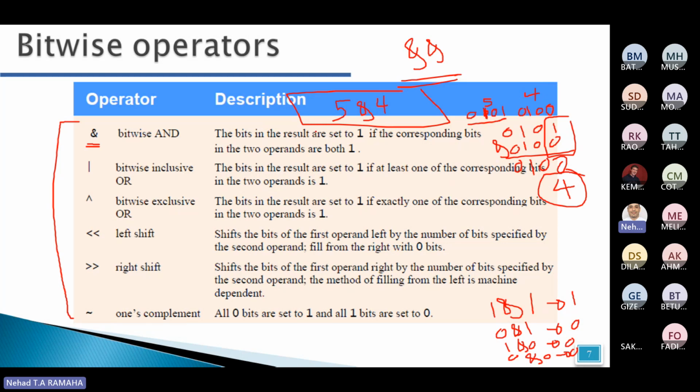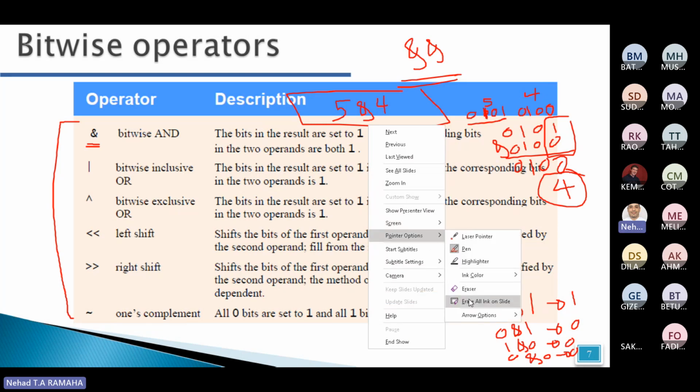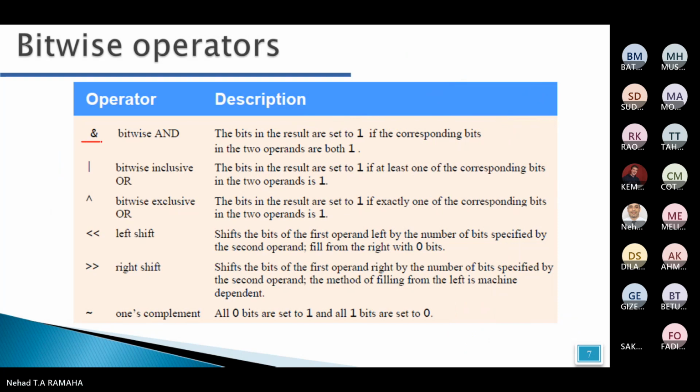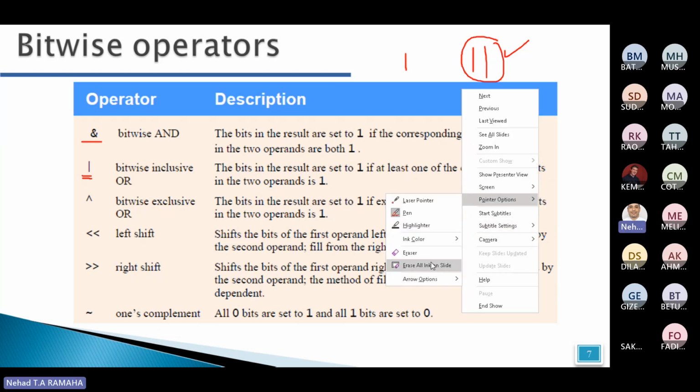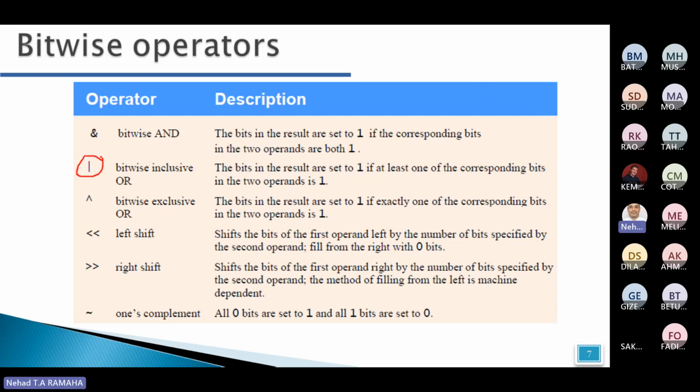And so on. So this is the AND bitwise operator. Or you remember this OR for comparison. This is for comparison in the if statement, in the while statement. But if we speak about the bitwise operator, we take only one line like this. So this is OR in the bitwise operator.